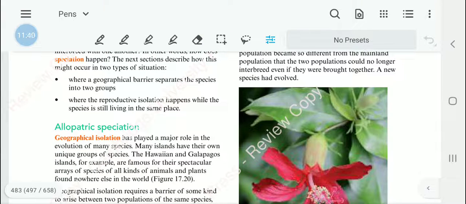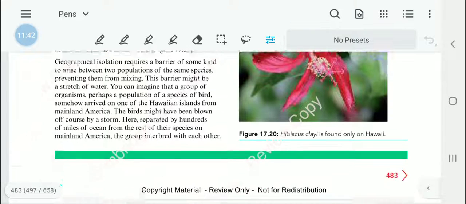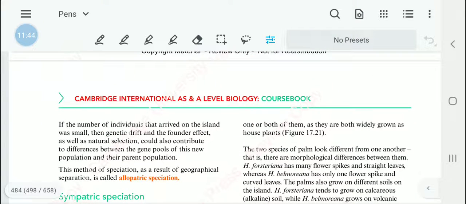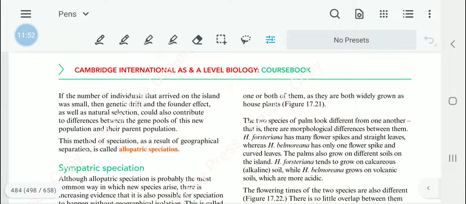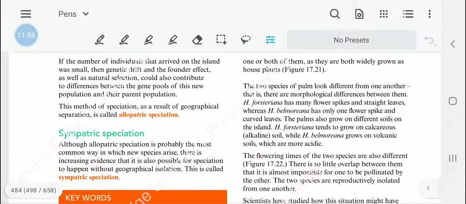This results in a new species being evolved. This method of speciation as a result of geographical separation is called allopatric speciation. I hope you understood. If you have any questions, please ask.